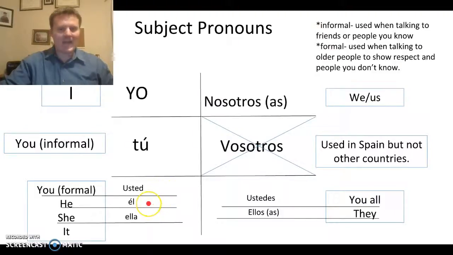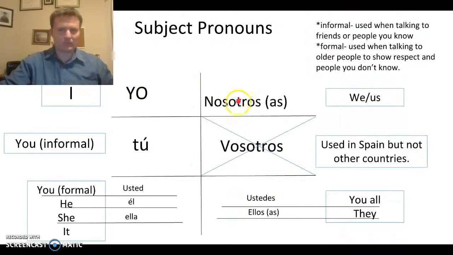It's also él habla, which is he speaks. Ella habla. So if you just said habla, then someone might not know who you're referring to. But if you include the subject pronoun, usted habla, or él habla, or ella habla, then it is clarified. So really, these subject pronouns are used to clarify who is being talked about. Over here, the same thing applies. This can mean two different things. So these subject pronouns become very important to use.